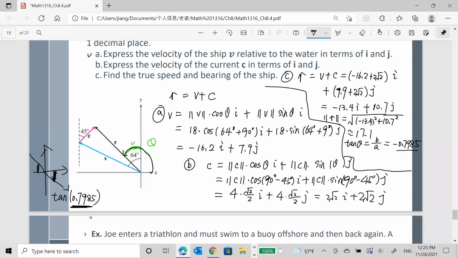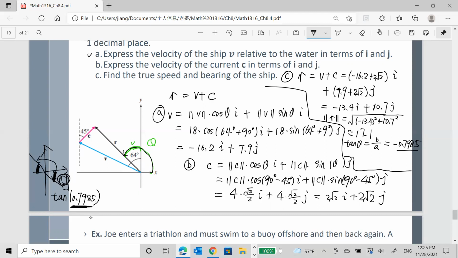Then I know the reference angle, and then I can find theta.